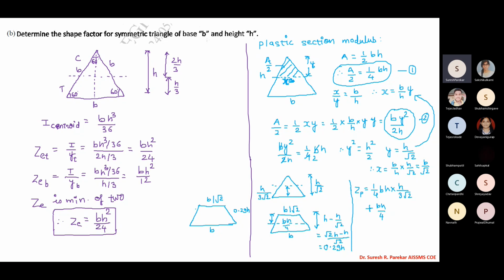Then what will Y bar be from the top? B by root 2 plus 2 times the front side divided by the addition of the two sides, into H by 3. We calculate the value of Y bar. So B we have common.